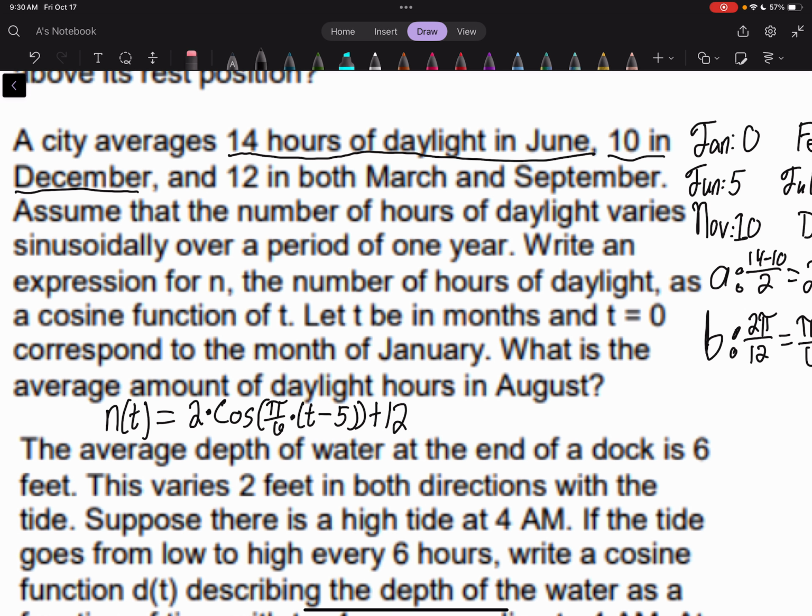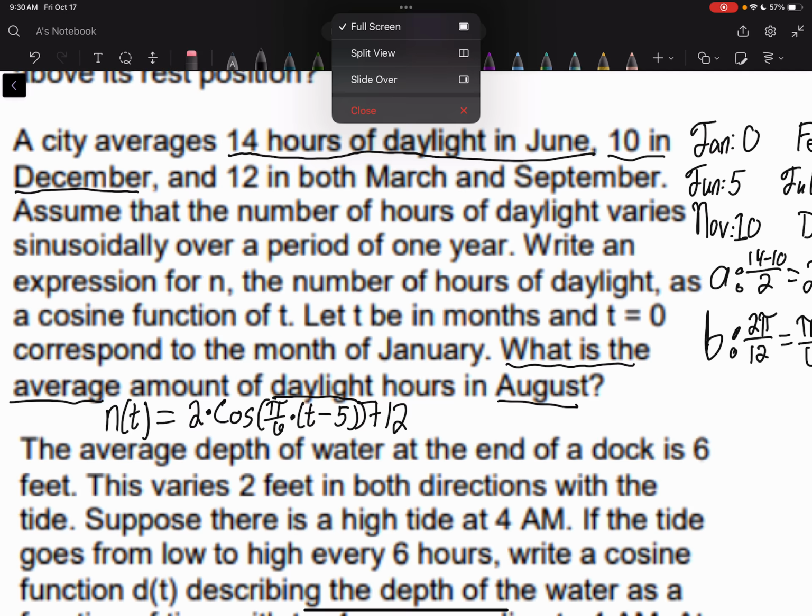Okay, there's my equation. What is the average amount of daylight in August? For this, I'm going to type this in Desmos.